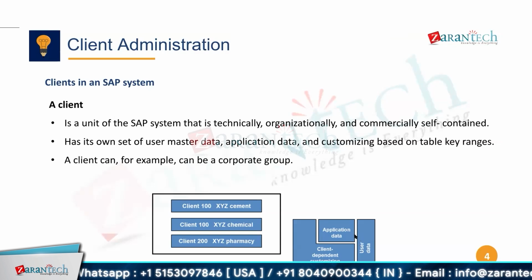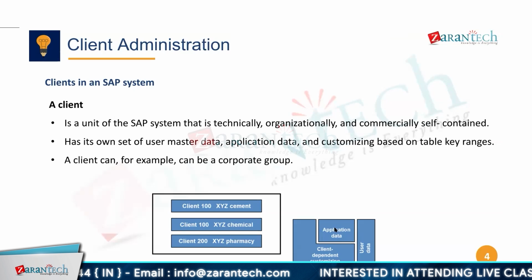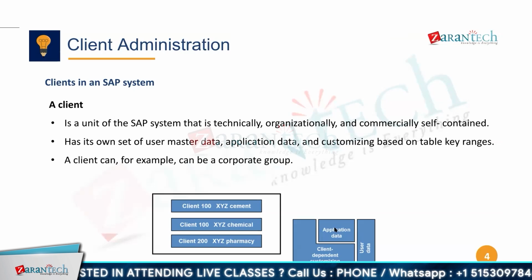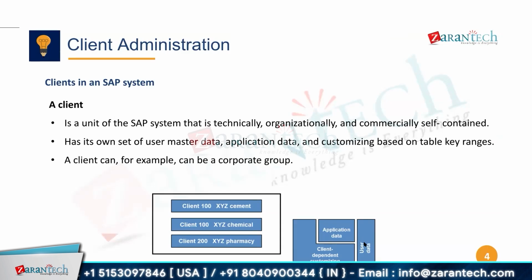And then you have the application data. Automobile, hotel management and IT all have different kinds of applications and business functions they use. So the application data is also specific to the client. For now, try to understand these terms.